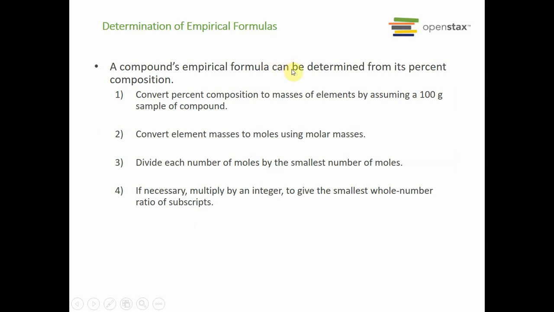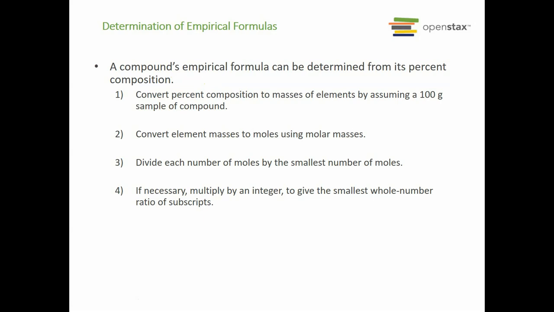A compound's empirical formula can be determined from its percent composition, because percent just means that you have so many things out of 100. So in this case, we just assume that you have a sample that's 100 grams. This is the simplest thing to do.